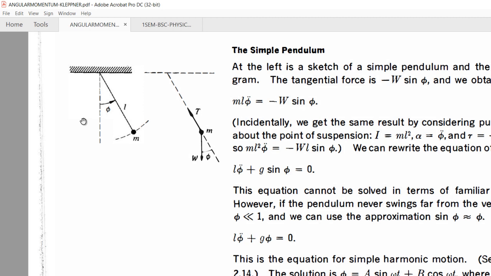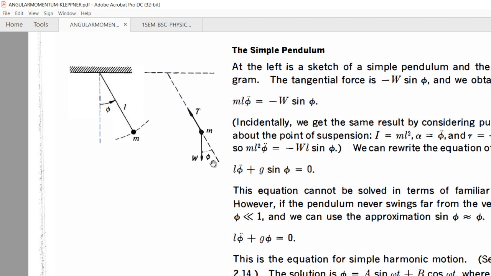So why are we studying the simple pendulum? This is helpful for understanding many complex systems. You can see the forces acting on this simple pendulum: the weight of the mass, W, and the tension, T. You can resolve the weight along the direction of the string, W cos phi, and W sin phi.